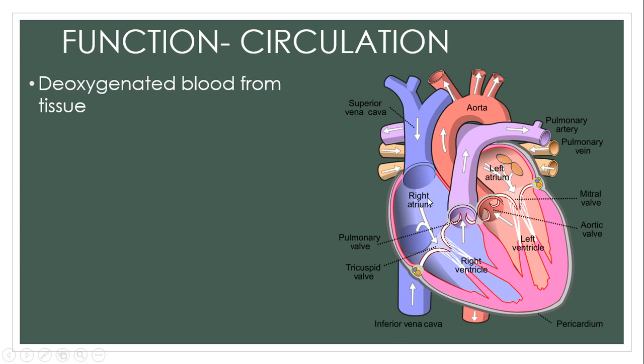The deoxygenated blood from the tissue will enter into the right atrium. After contraction, it goes from the right atrium to the right ventricle through the tricuspid valve. Then again, when it contracts, the deoxygenated blood from the right ventricle goes to the lungs through the pulmonary artery.